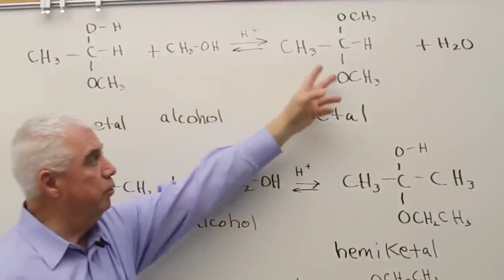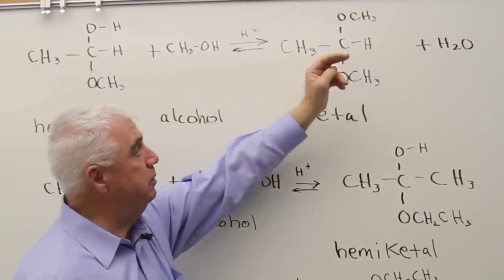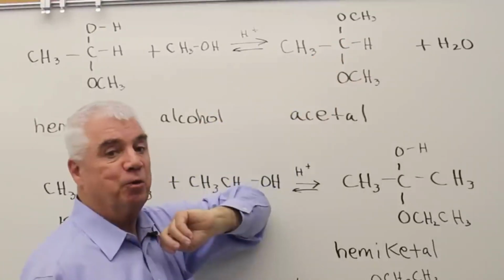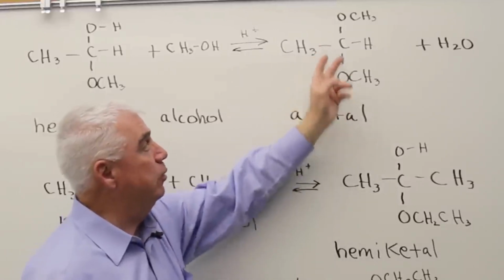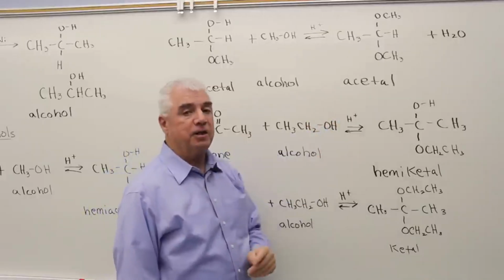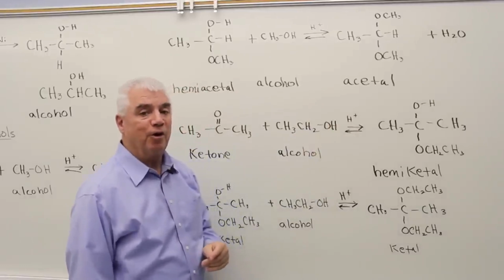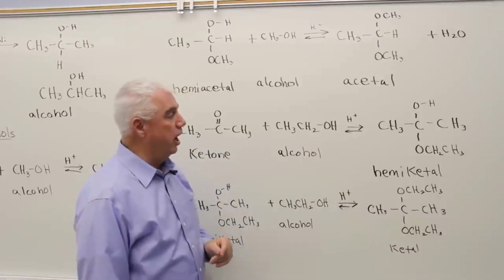So we get a product over here. It's a new functional group for us. We've got a carbon with a hydrogen because it was originally an aldehyde, and now it's got 2 OR groups on it. That's called an acetal. And again, the A reminds me that the original starting material was an aldehyde.